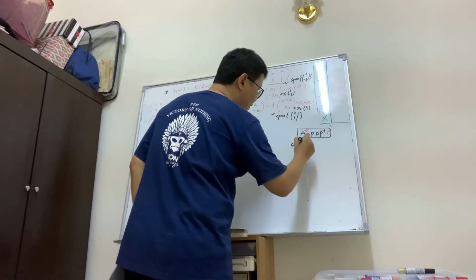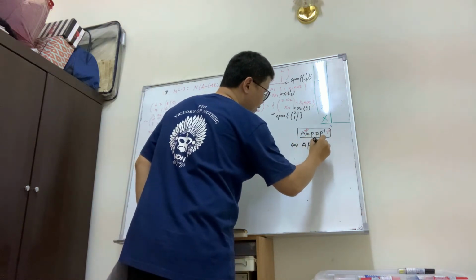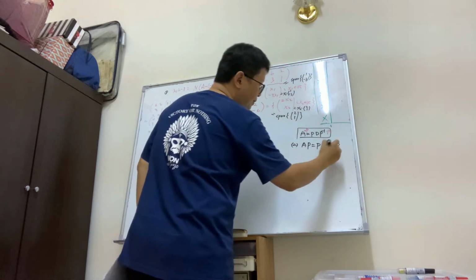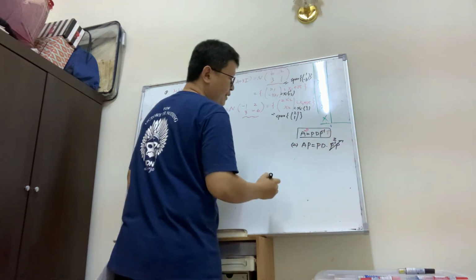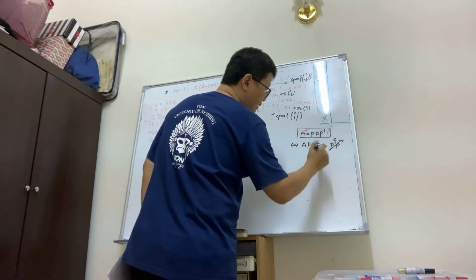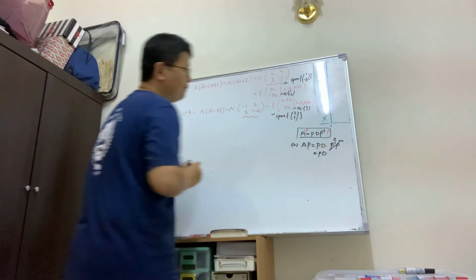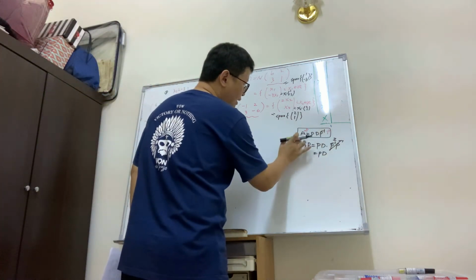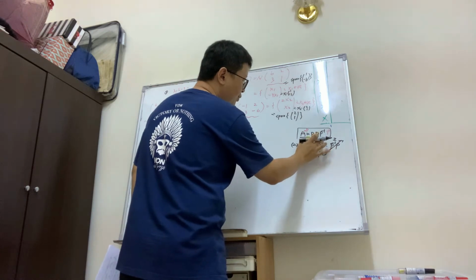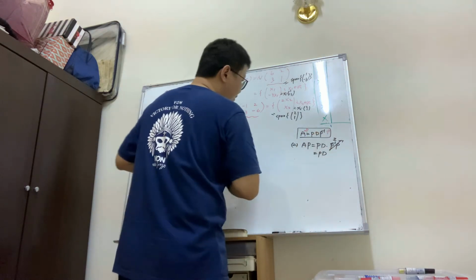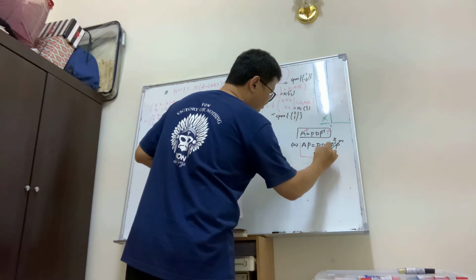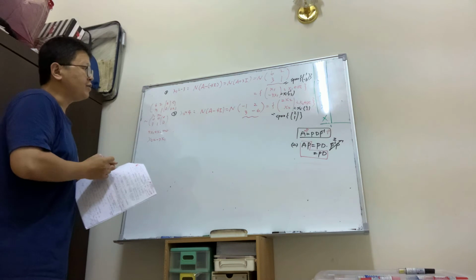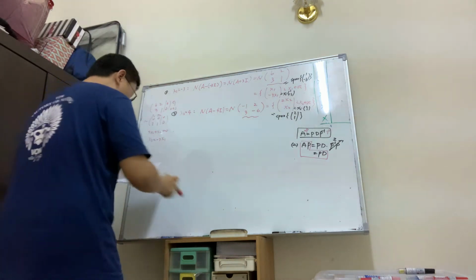You will get AP equals PD times P inverse P. But P inverse times P is equal to the identity, and PD times the identity is exactly equal to itself, PD. In other words, if A equals PDP inverse holds, then it's equivalent to AP equals PD.